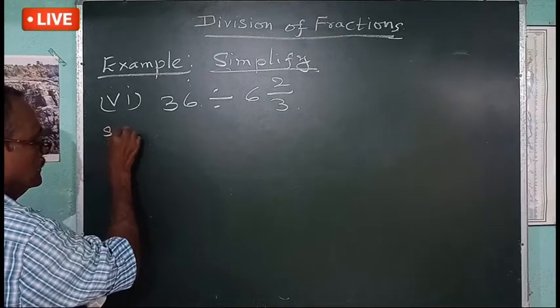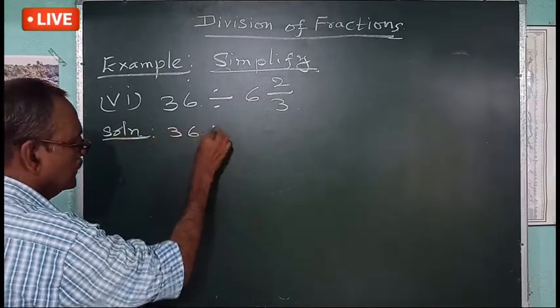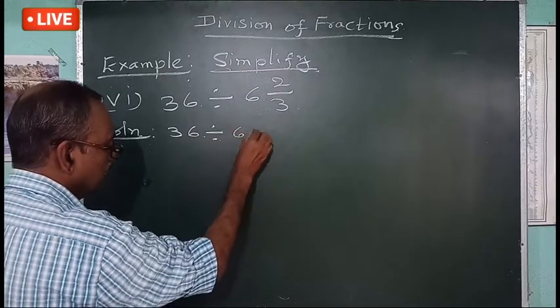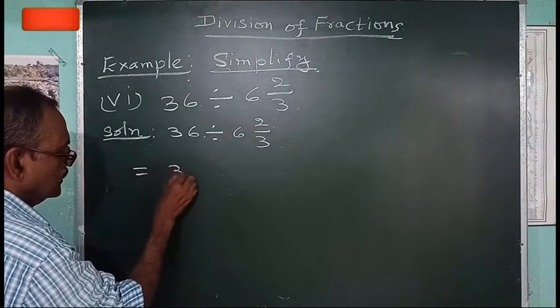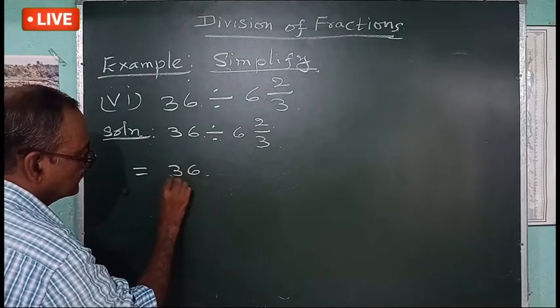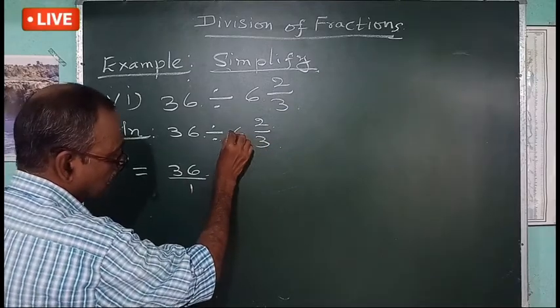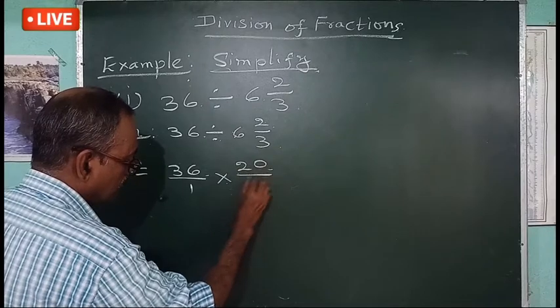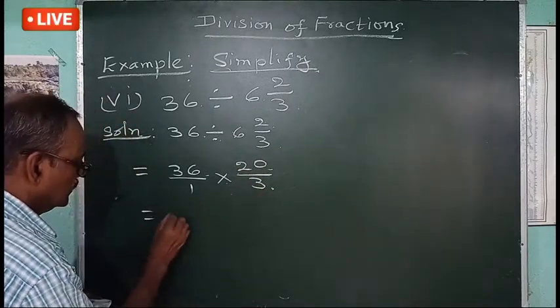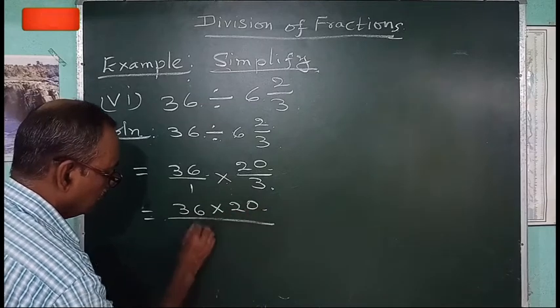Now solution, 36 divided by 6 whole 2 by 3. 36 by 1, and 6 into 3 is 18, plus 2, 20 upon 3. So 36 into 20 and 1 into 3.